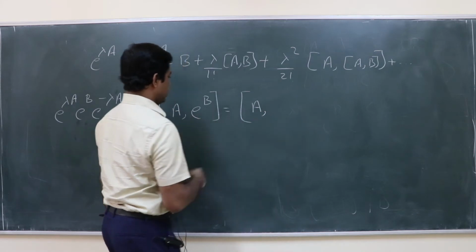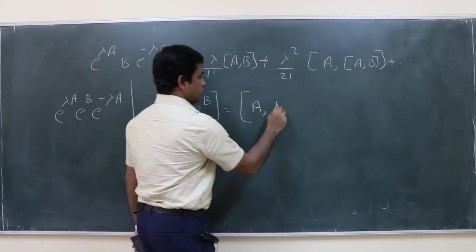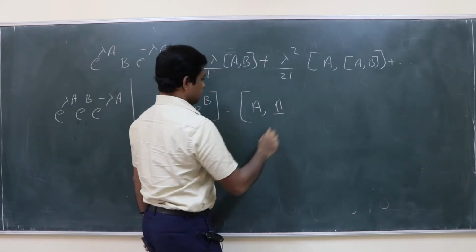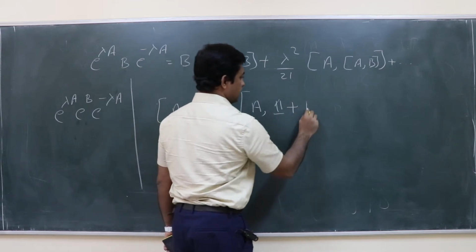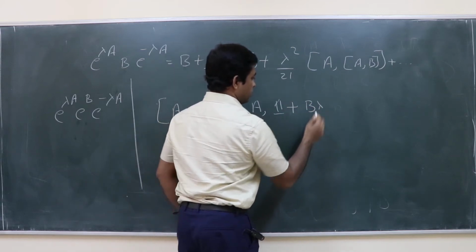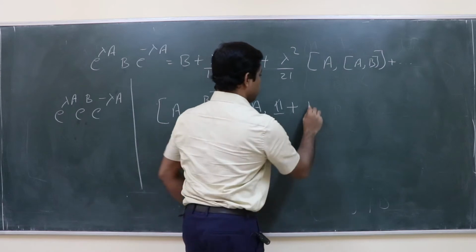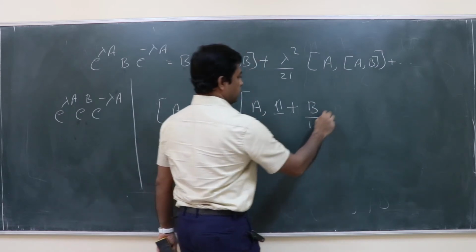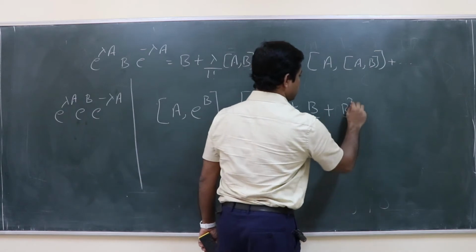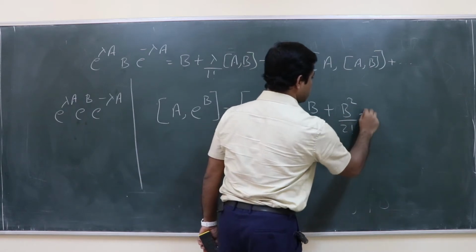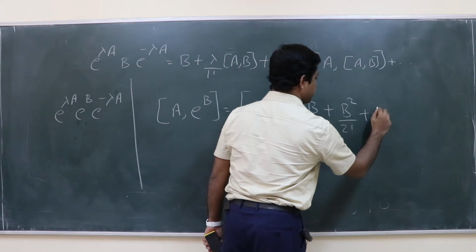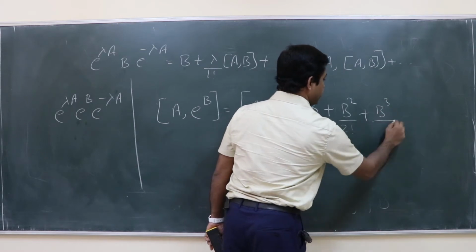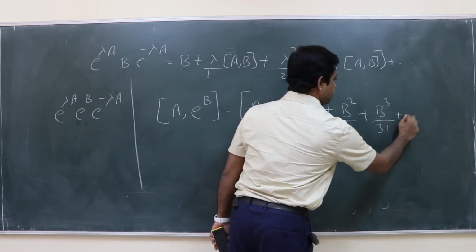What you get is the identity operator plus b divided by 1 factorial plus b square divided by 2 factorial plus b cube divided by 3 factorial plus etc. It's an exponential series for this operator.